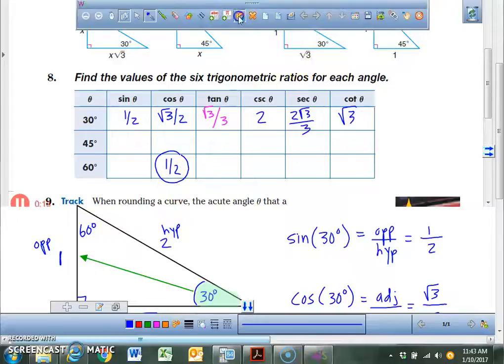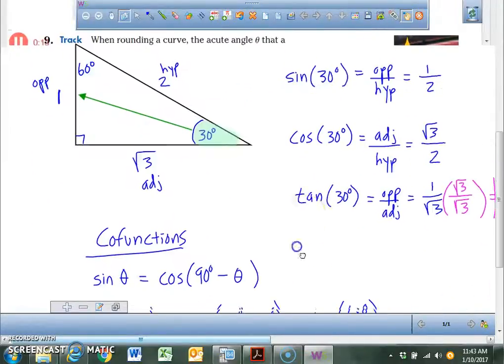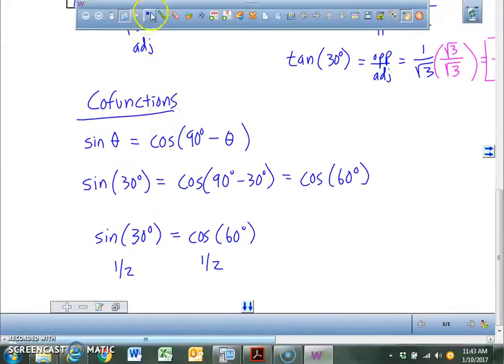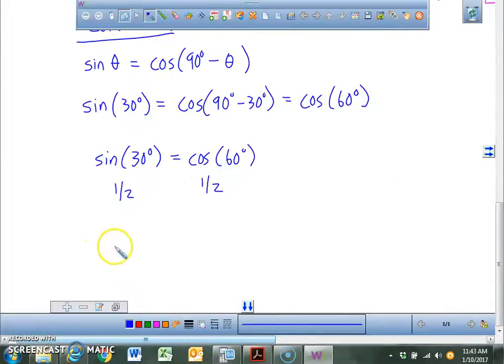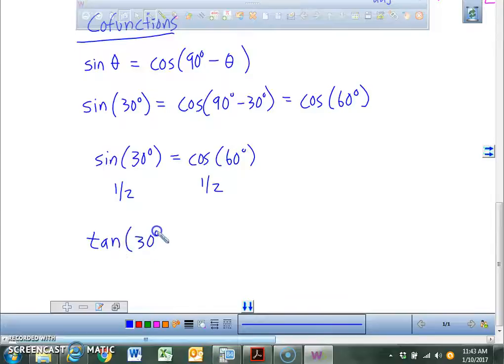All right, let's try another one. We're going to do another cofunction, and the next one is tangent. The tangent of 30 degrees is going to equal the cotangent of 90 minus 30 degrees.